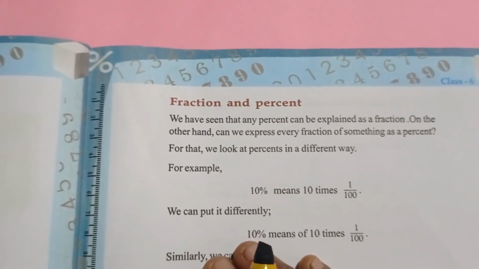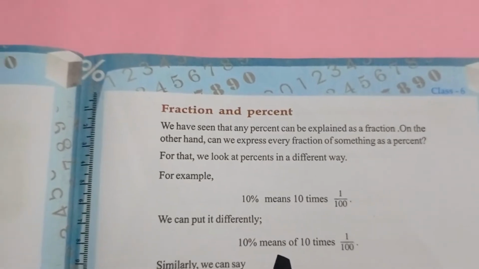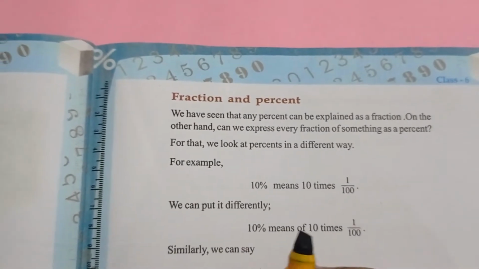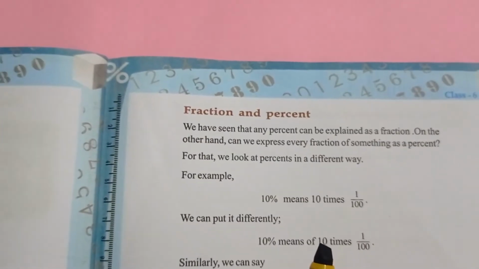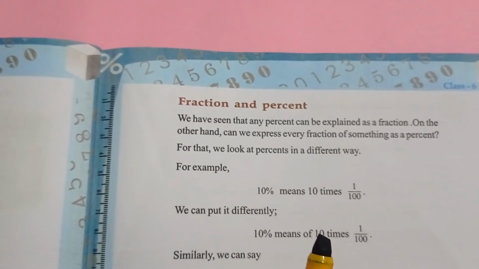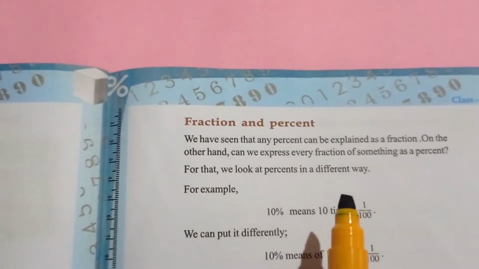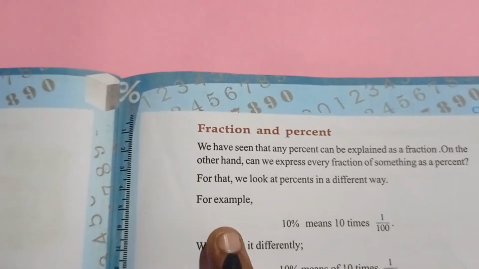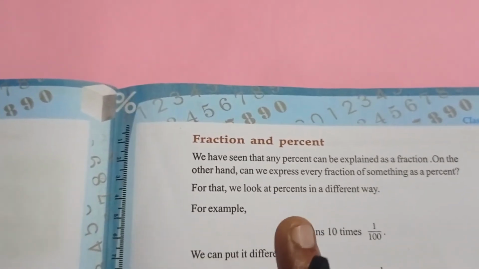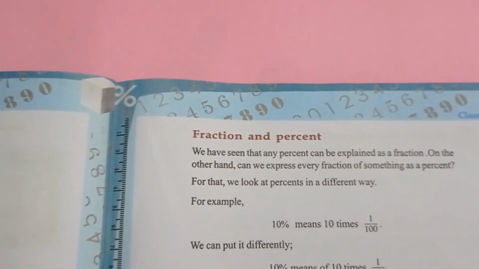On the other hand, we can express every fraction of something as a percent. Here, we can convert fraction to percent and percent to fraction. We already discussed that percent can be expressed as a fraction. Here we will discuss the conversion of a fraction to a percent.